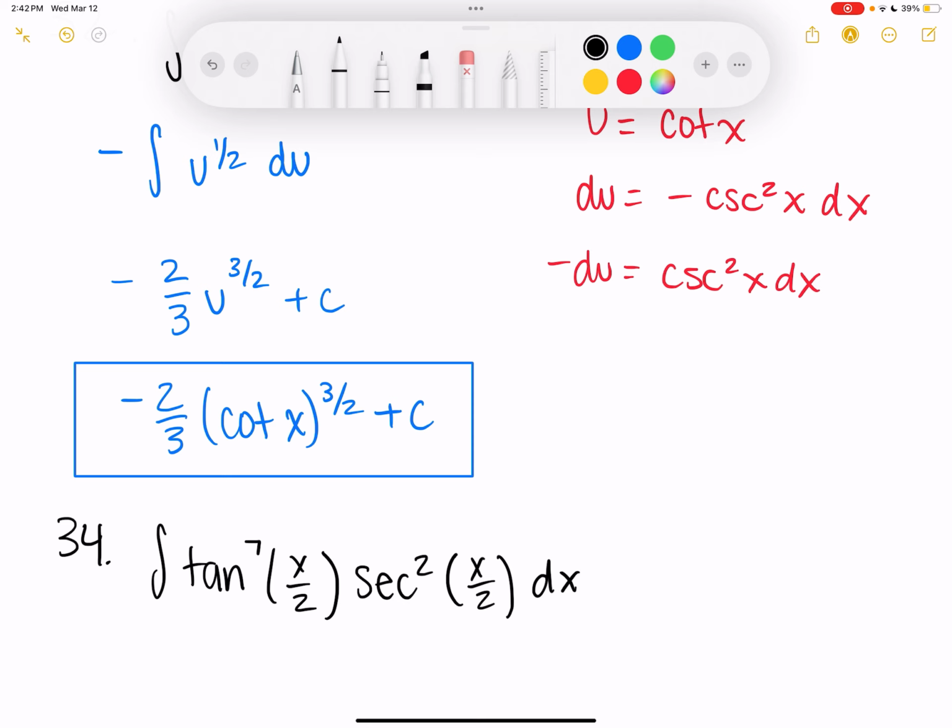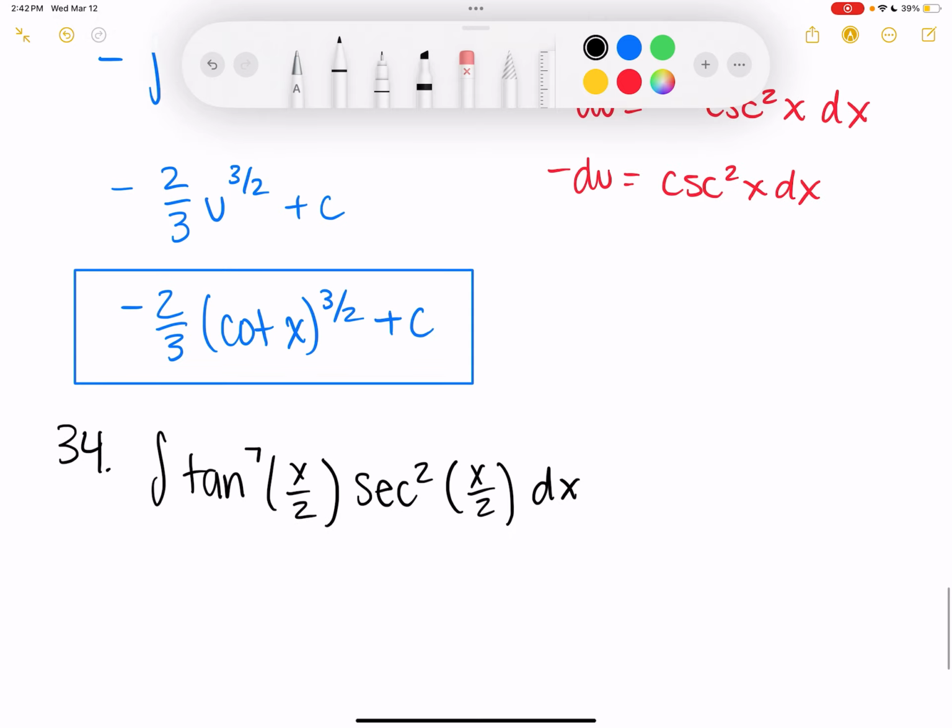So any thoughts on what u should be? Okay. So if I write u as x over 2, what's the derivative? 1/2. Is there a 1/2 in here?